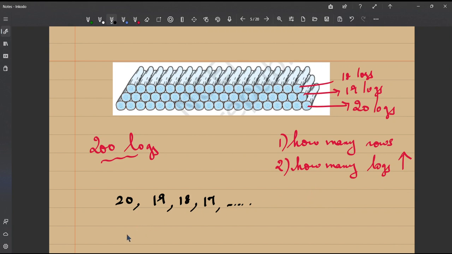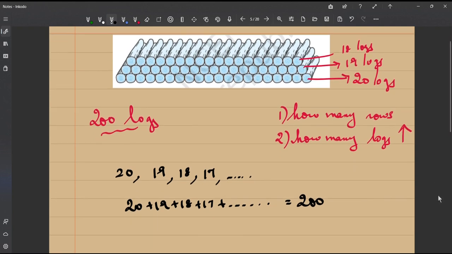So can I write it this way? If I add all these, 20 plus 19 plus 18 plus 17, the sum of all these logs should be equal to 200, because totally there are 200 logs, right?